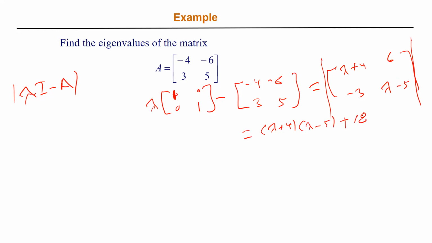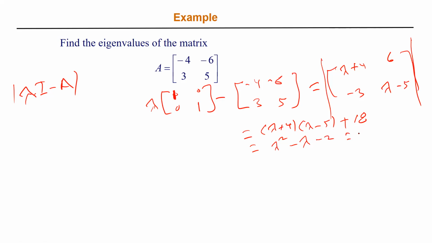Which is equal to lambda squared, plus 4 lambda, minus 5 lambda, minus 20, plus 18, so it's going to be minus 2.